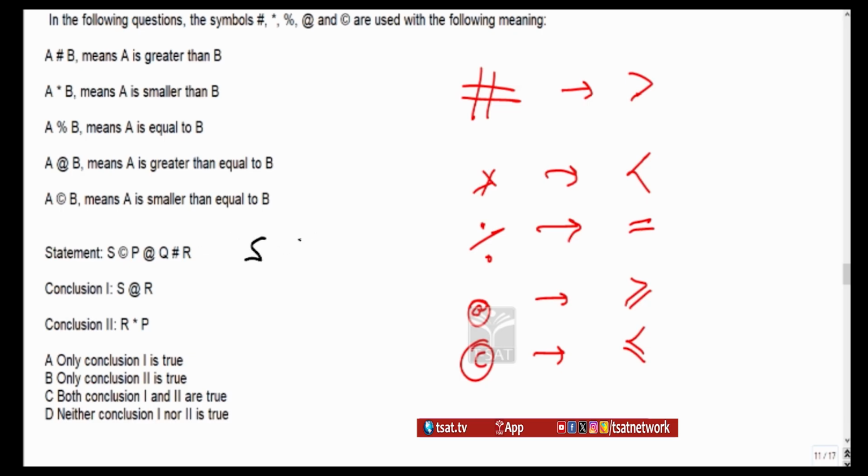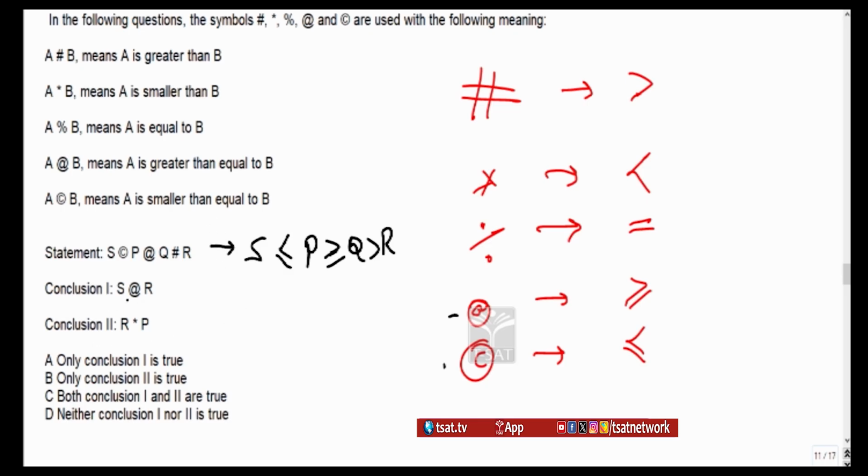The statement is in between S, P, Q and R. S C P means the symbol C represents less than or equal to P. Now P at the rate Q, the at-the-rate symbol represents greater than or equal to. Now this hash symbol represents only greater than. So these are the statements, and this statement is now converted into greater than and lesser than.